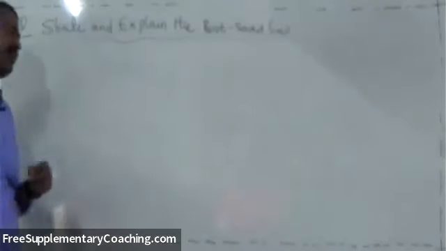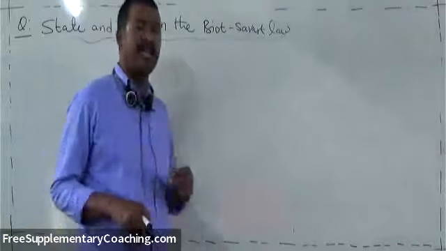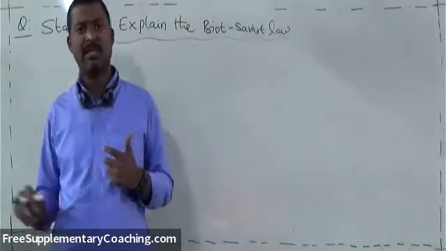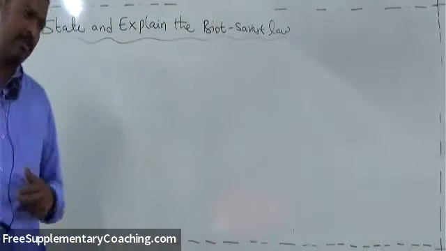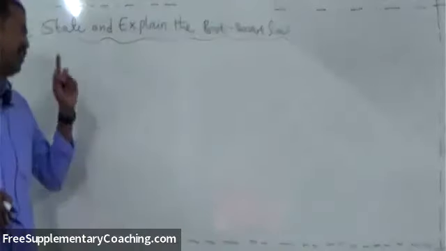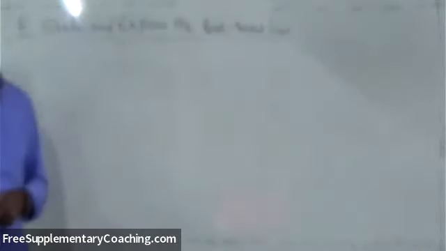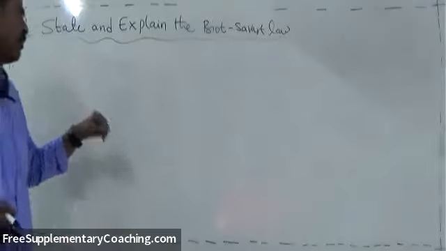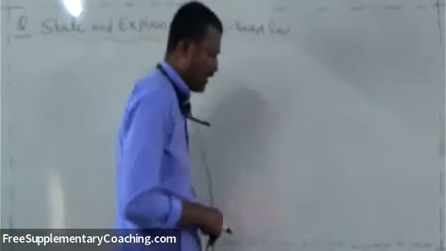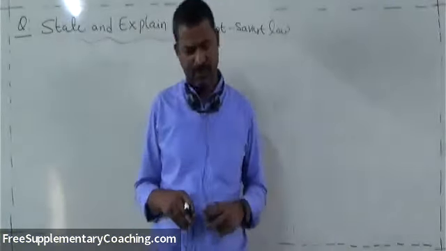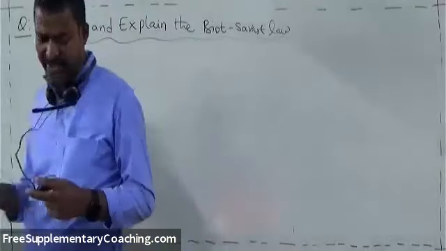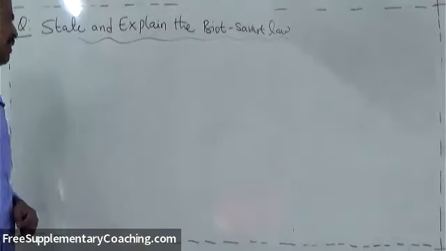how can we find the magnetic field due to a current carrying wire? To find the magnetic field due to any type of current carrying wire, we will use this law provided by Biot and Savart. So what is the statement and that expression, we'll see now.